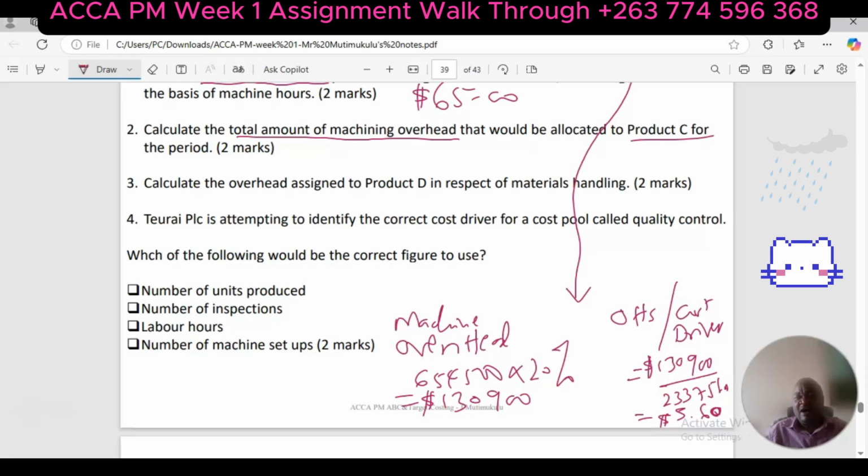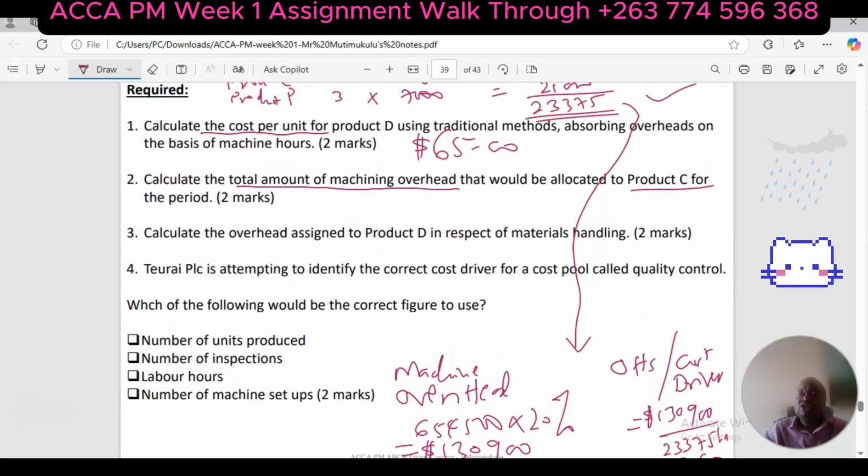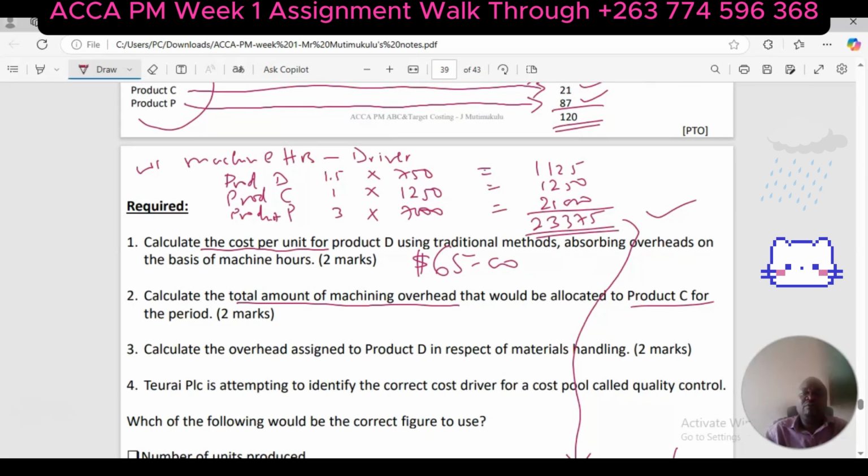So how many hours were utilized by product C? As we have computed here, product C utilized 1250 hours, because it required 1 hour and the units produced were 1250.